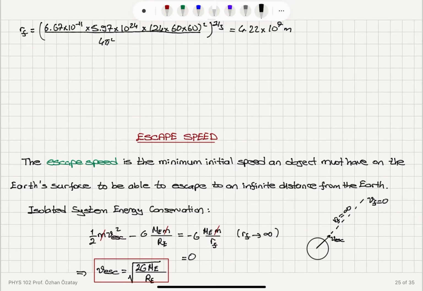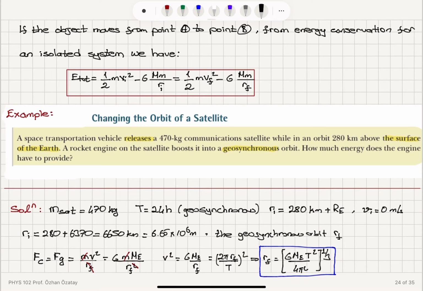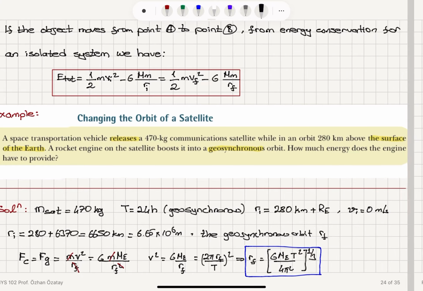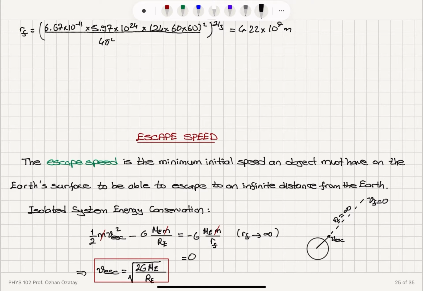Now, we want to calculate the energy that the rocket engine has to provide in order to achieve this. So what is the change in the mechanical energy? The final mechanical energy minus the initial mechanical energy.